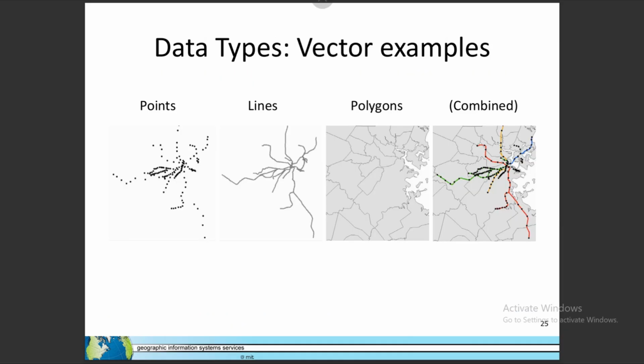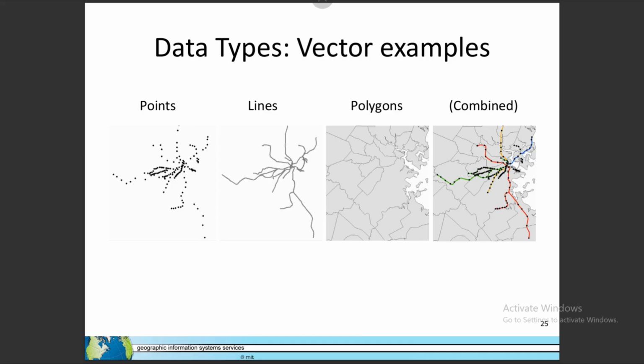Let's look at vector data in practice. The 4 panels here show the same geographic area, the Boston/Massachusetts Transit Network, represented using different vector geometry types. Points, individual locations like train stations or bus stops. Lines, the transit routes connecting those stations.